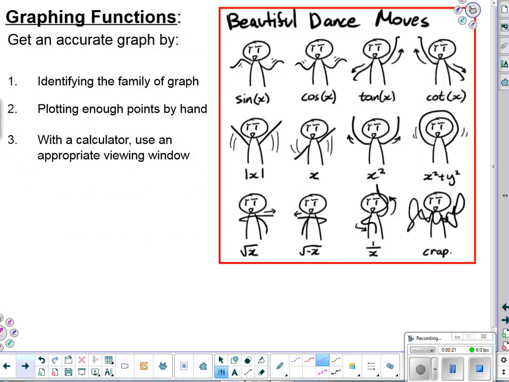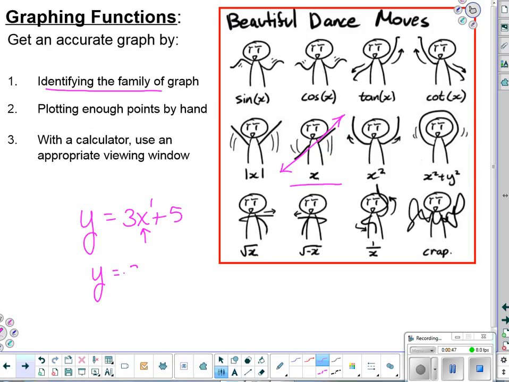One thing that can help you when graphing functions to get the most accurate graph is to have some sort of idea of the family of graph you're talking about. So if I ended up with an equation like y equals 3x plus 5, I'm zoning in on that x and saying, well, that's an x to the first power. I know that turns out to be a linear function, so I have some sort of idea of what the shape of my graph should be like.